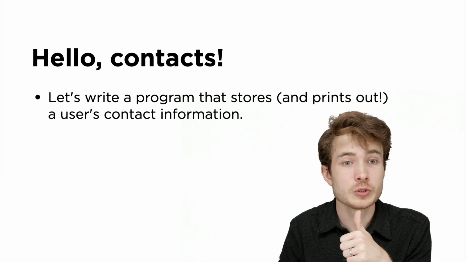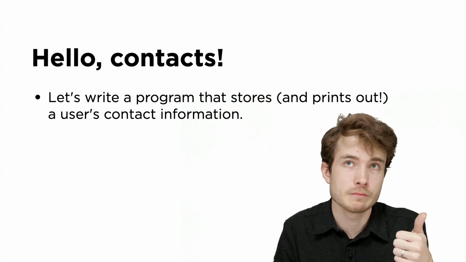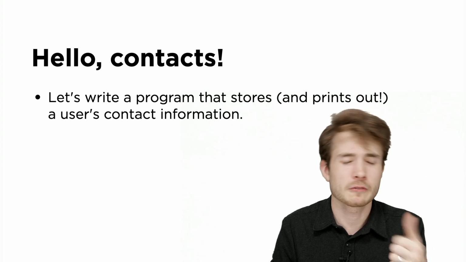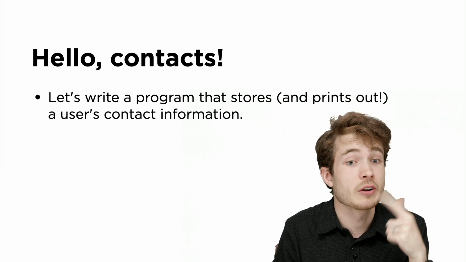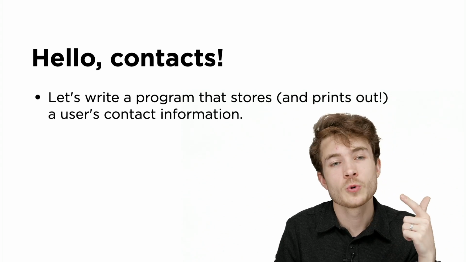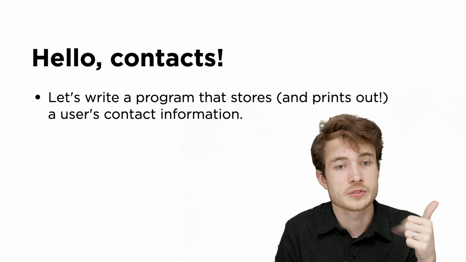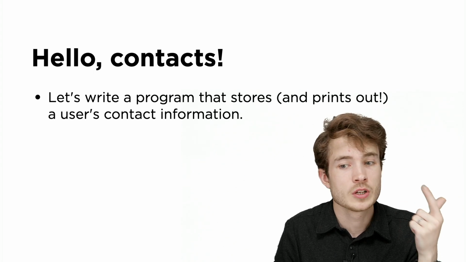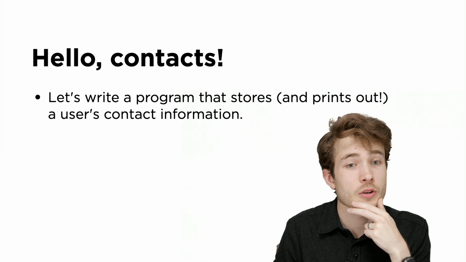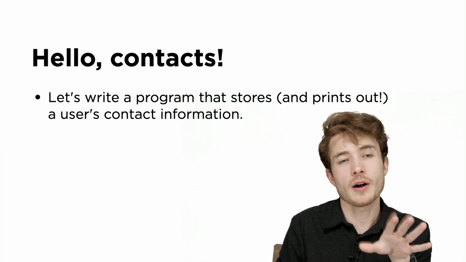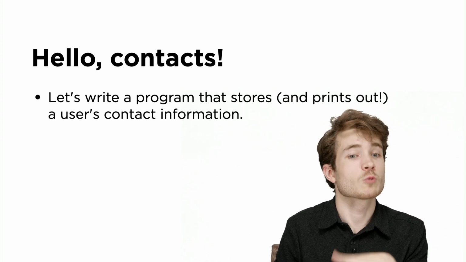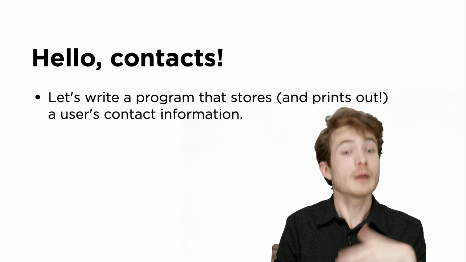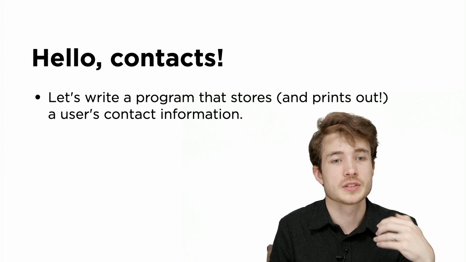Make sure you include their name, which you could treat as either first name or first name and last name, their age, and also their phone number. So name, age, and phone number. If you're watching this as a recording, maybe pause the video here and try to write this program yourself, then come back and we'll write it all together.